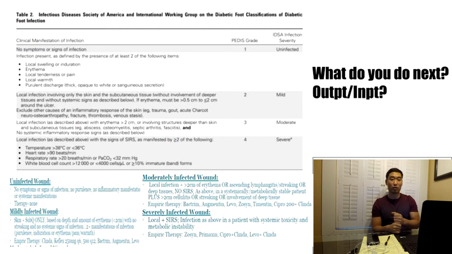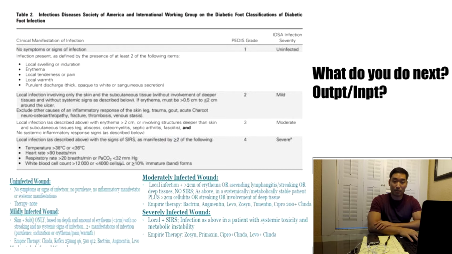A patient having a purulent discharge will be consistent with a moderate to severely infected state. So moving on, moderate is erythema greater than 2 centimeters, and the difference between severe and moderate is the systemic signs of infection. It lists the SIRS criteria, I believe, something similar to that included in here.